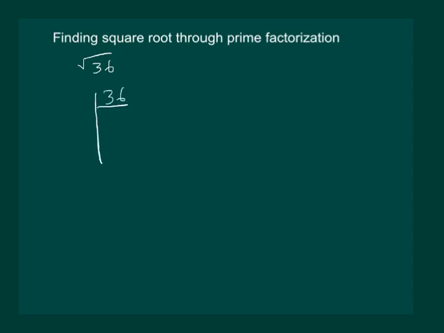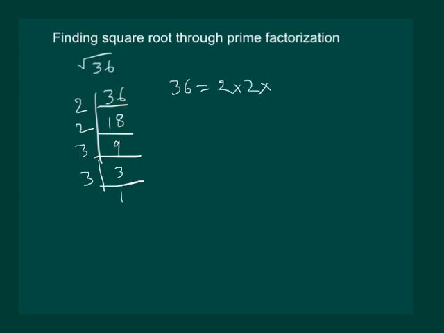We will get 18, 2 9s are 18, 3 3s are 9 and 3 1s are 3. So we can write 36 in its prime factorization form as 2 into 2 into 3 into 3.